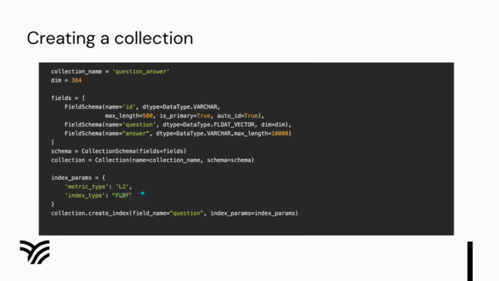In the flat index, whenever we execute a query inside the collection, how will it work? It will go and compare that query's vector with each already stored vector inside the vector space, right? So that would be similar to brute force.